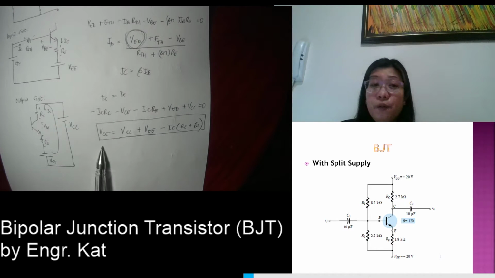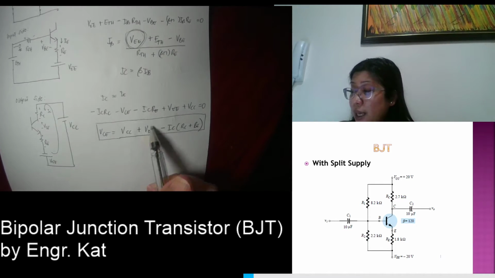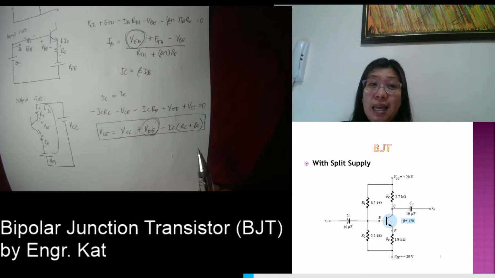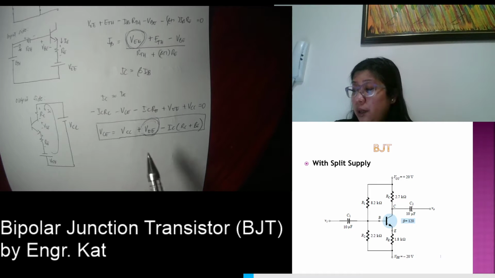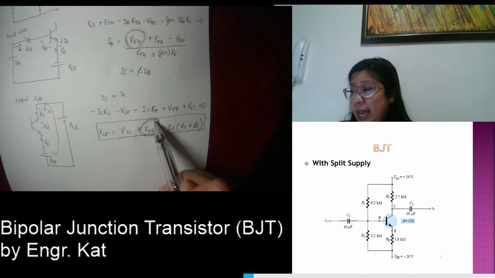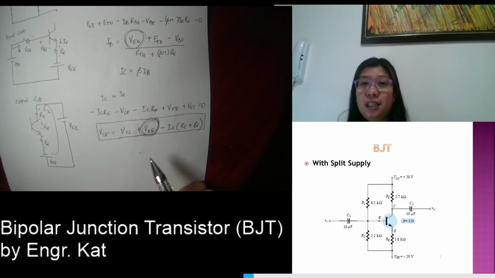So in solving for your VCE, the only difference is your VEE here. It's plus, that means your VEE adds up with your VCC. By looking at the loop, you have here plus VEE plus VCC, so they will be adding up, aiding with each other. So the only difference is the plus VEE here. The rest is the same.